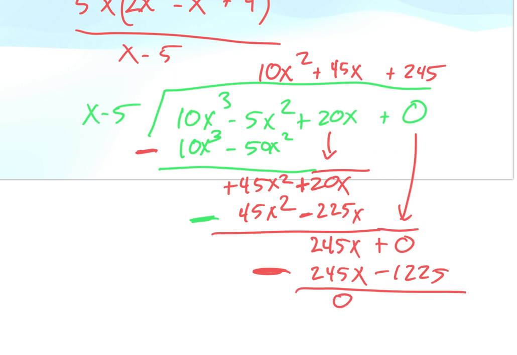This subtracts to 0. I have minus a negative, so it'll be plus a positive. So my remainder, when I'm done, because I ran out of things here, is 1225. So we write it as plus 1225 over x minus 5.